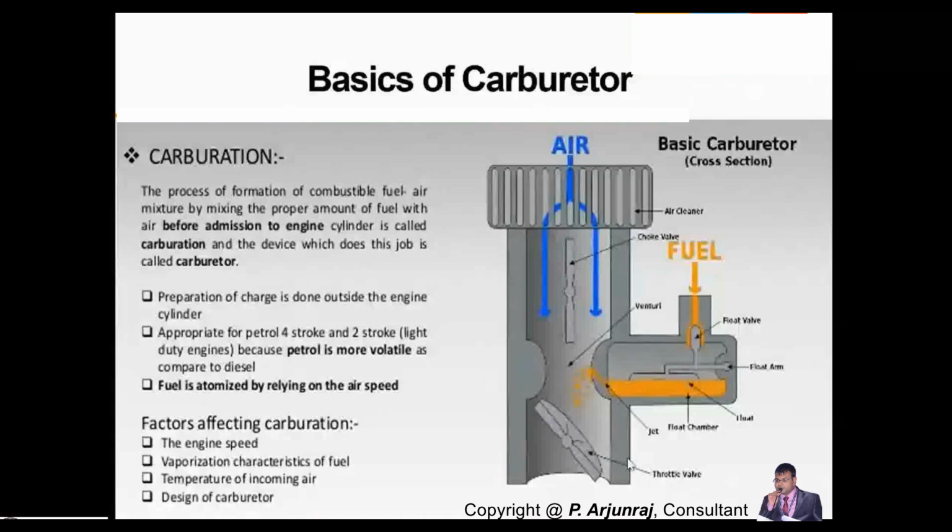And you have the throttle valve. The function of the throttle valve is that it will allow the required quantity of air, with the fuel coming in one direction and the air coming in the other direction. Before it goes to the inlet valve, both air and fuel get mixed. So this carburetor works on the principle called carburation.